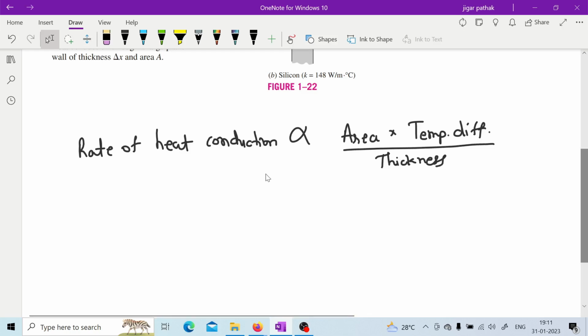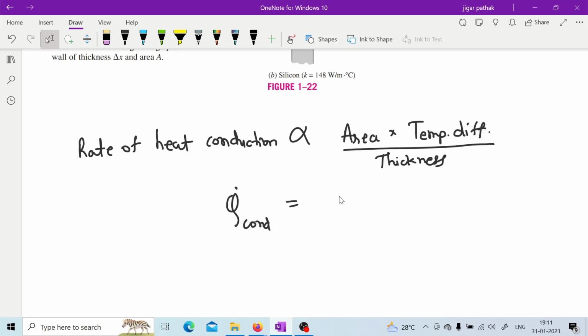If you write Fourier's law, which defines this heat conduction, you will have a constant of proportionality, K, which is nothing but thermal conductivity. So it is K A delta T by delta X.